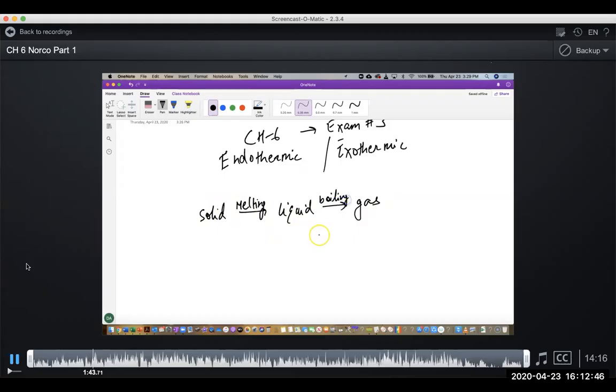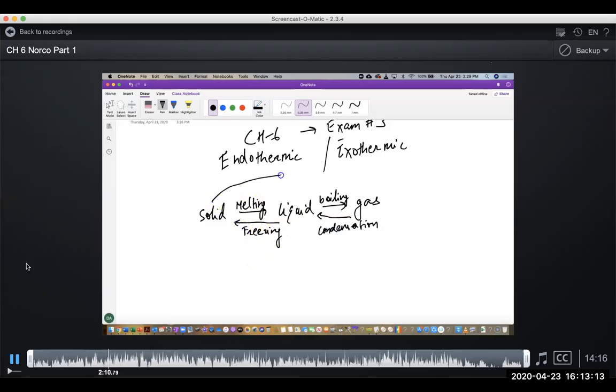And what is the reverse called, when you go from a gas back to a liquid? That is called condensation, the opposite of boiling. Now, when you go from liquid to solid, what's the opposite of melting called? It's called freezing.